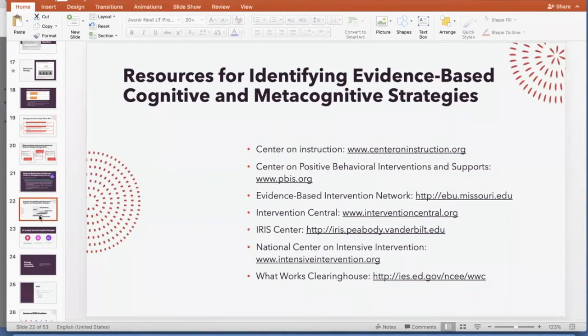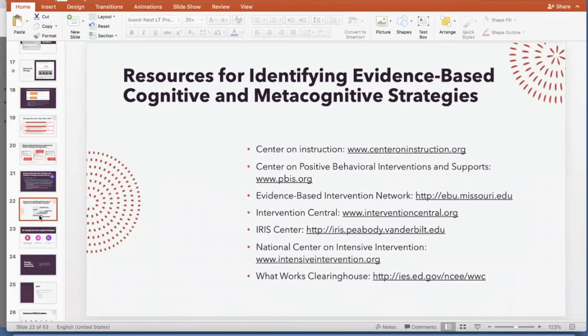So before we look at how to plan and provide instruction and strategies in our classrooms, I want to give you some resources you can come back to find existing cognitive and metacognitive strategies. Center on Instruction, Center on Positive Behavioral Interventions and Supports, the Evidence-Based Intervention Network, Intervention Central, the IRIS Center, NCII, What Works Clearinghouse.